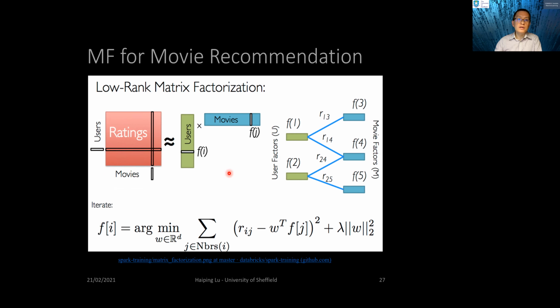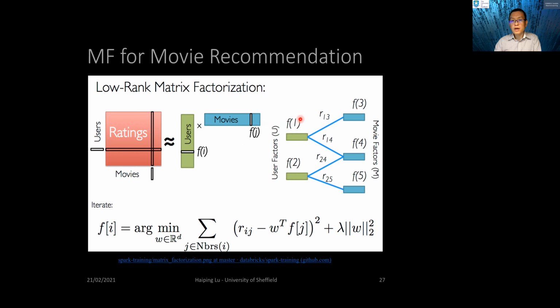In this factorization, we learn the user factors, each row of the user matrix, and this is more like Q, so Q transpose holds the movie factors. Each column is a movie factor. We write it as Fi or Fj, using the same notation so that you can write it as a single function.